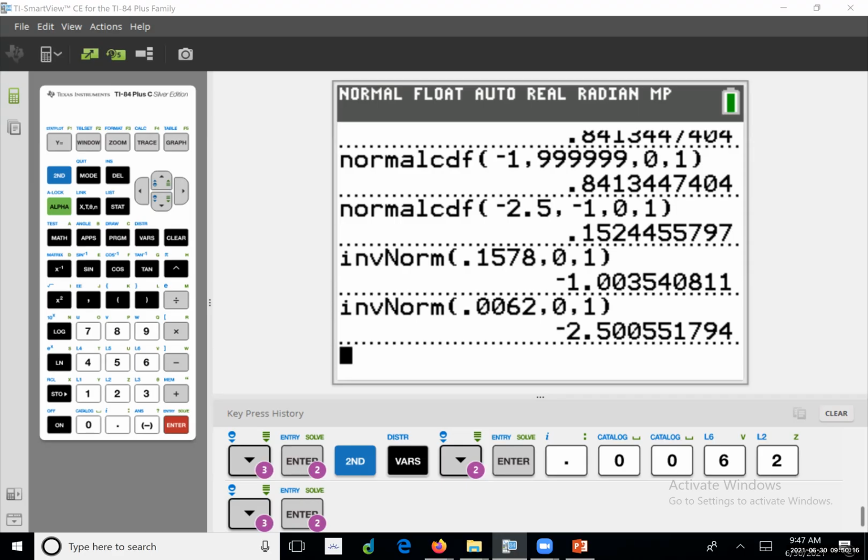So everyone, please try this one, inverse norm, 0.0062, comma, 0, comma, 1, and see if you have the same outcome as mine before we move on.